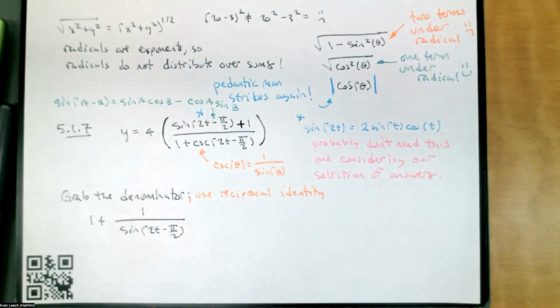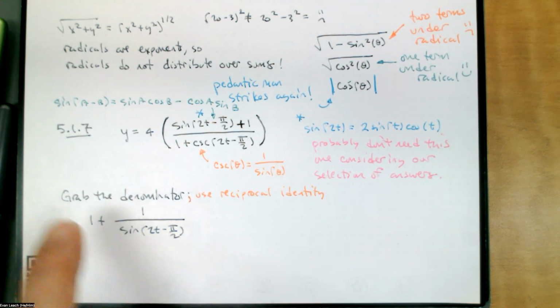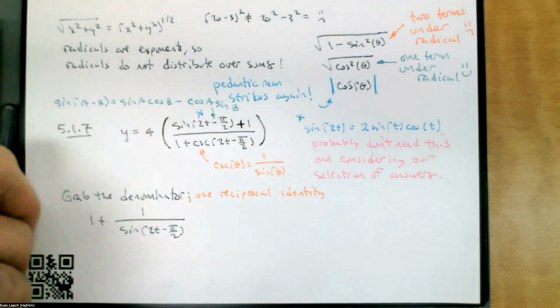Now I'm going to look at that sine of 2t minus pi over 2. I'm going to see that there's 1 in the numerator. Let's see if the sine of 2t minus pi over 2 becomes anything. Now I'm going to take this piece of the denominator, and I'm going to use my difference identity for sine.